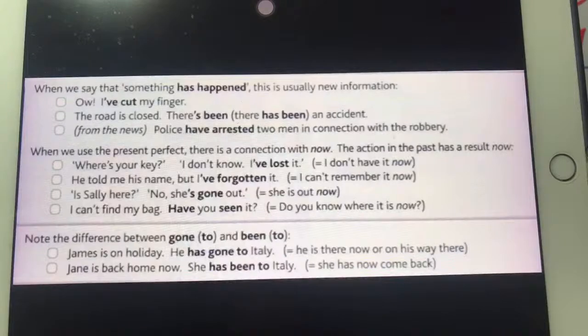For example, okay? Number one, I've cut my finger. So maybe a few minutes ago. Okay? Recently. Next one, there's been an accident. So maybe 2 hours ago, there has been an accident. Okay? Now, Mizuki, remember, in the present perfect tense, we don't use the time expressions that we use for the past tense.